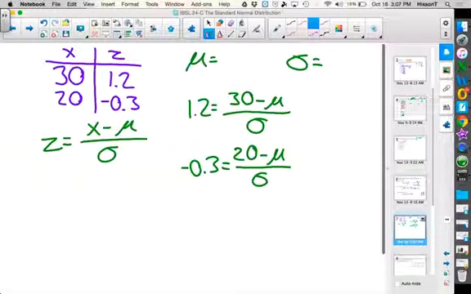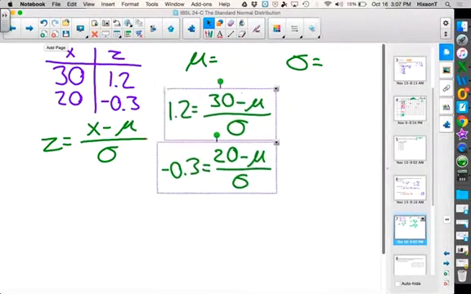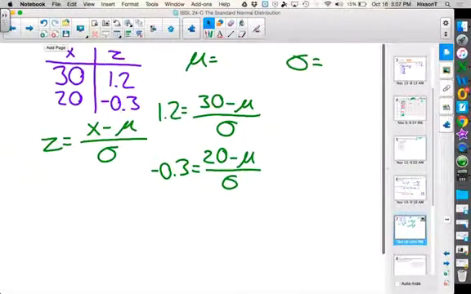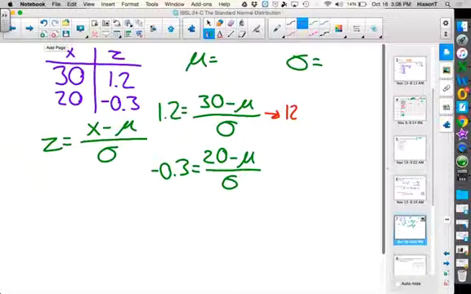Now, I think what I'll do to solve this, just a little bit of technique here with solving systems. I know this is something you've done in the past, but I'm going to multiply both of these by sigma on both sides. So we have 1.2 sigma equals 30 minus mu.